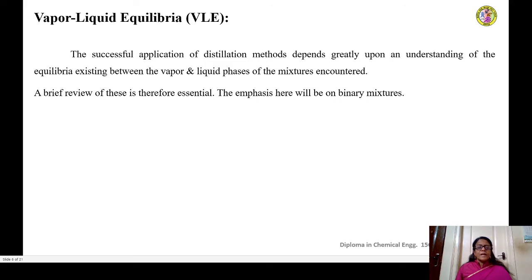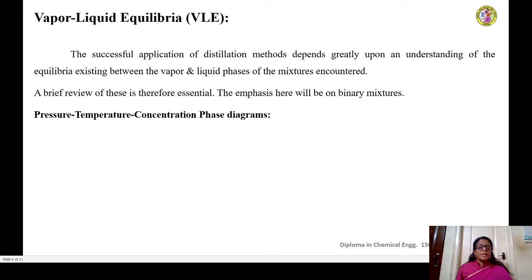That is studied in this particular session. Let us have a brief review of the vapor liquid equilibria that exist between liquid and vapor phases. As I already mentioned in the previous session, we are considering a binary solution, or a binary mixture, to study all the topics in the distillation chapter. So here also the emphasis will be on binary mixtures.